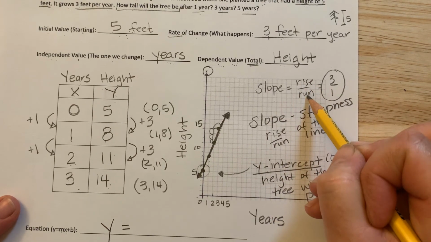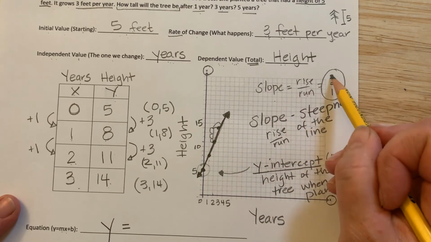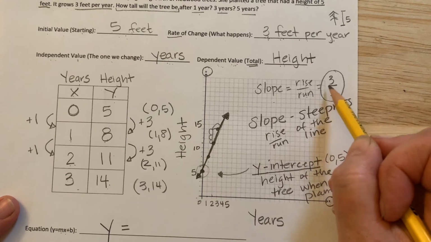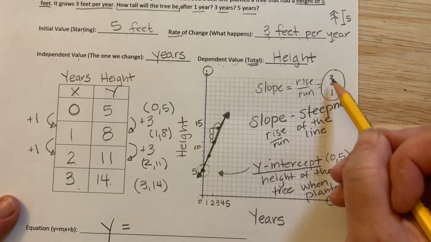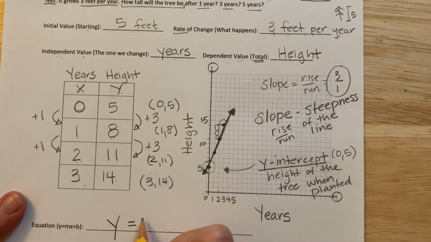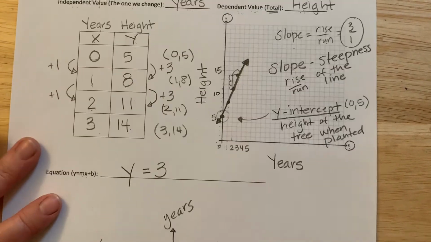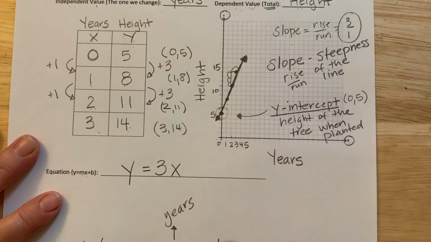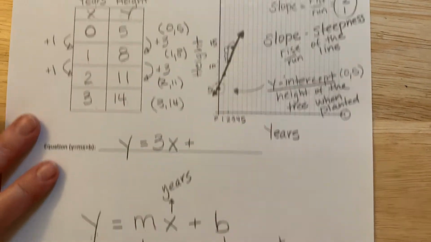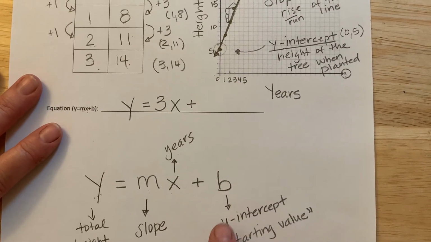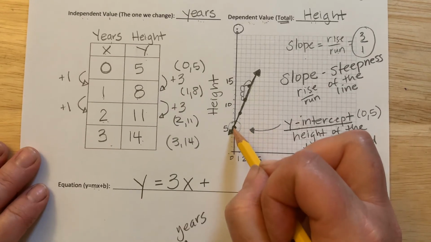It was rise over run. So my slope is 3 over 1. As a mathematician, I only want to write the 3, not the 3 over 1. So I'm just going to write 3. Then I have to keep the years in. That's my x, my plus, and then what was my y-intercept? What was the b? It's the 5.